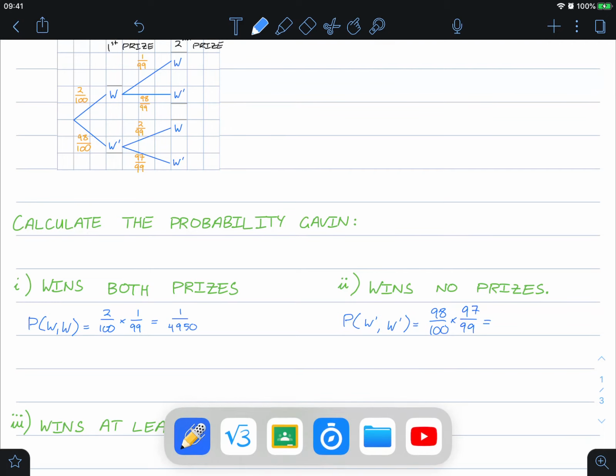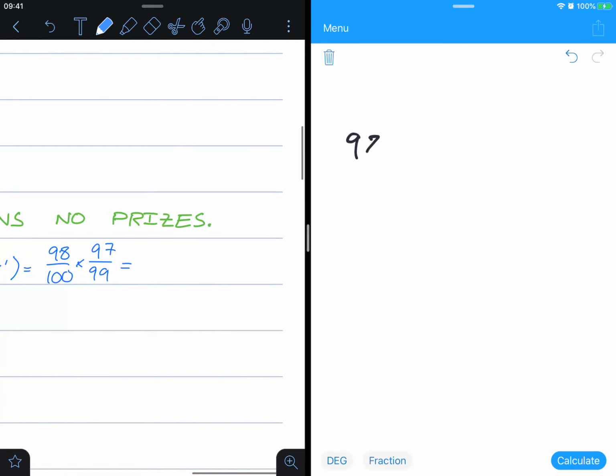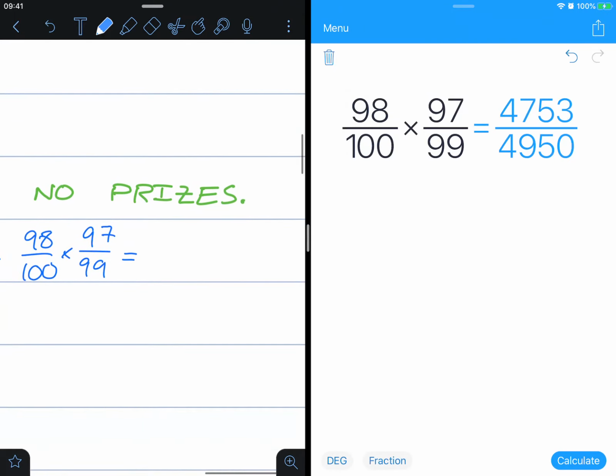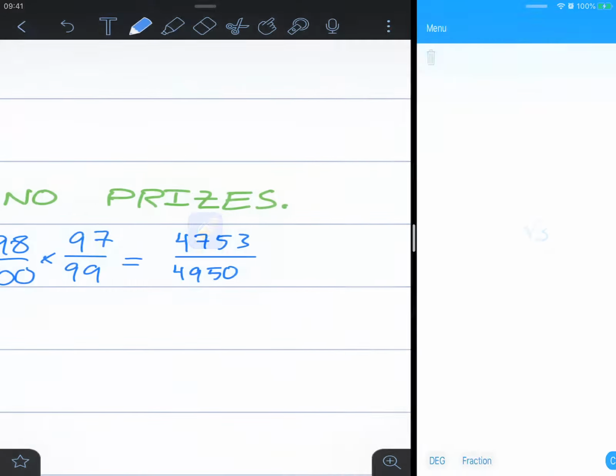This I think will be a very large number. Let's just calculate it. 98 out of 100 times 97 out of 99. Leaving it as a fraction, that's 4753 over 4950.